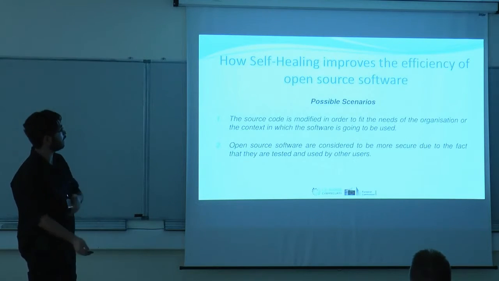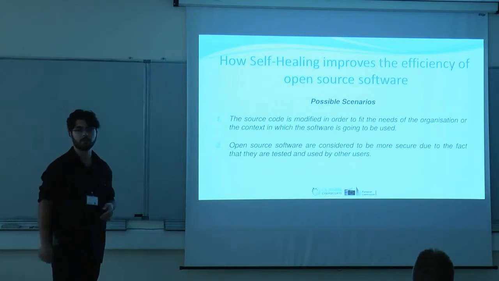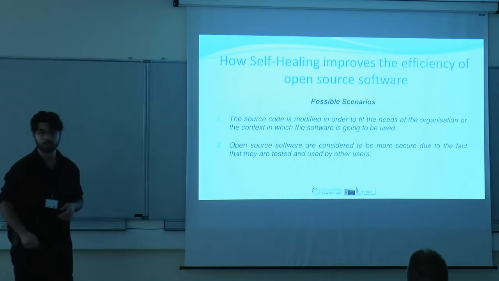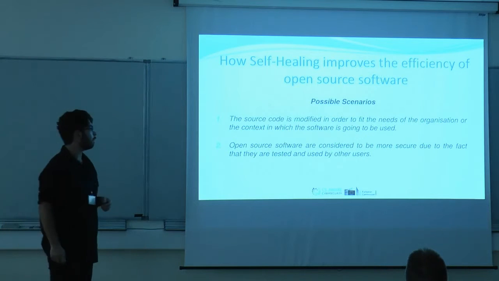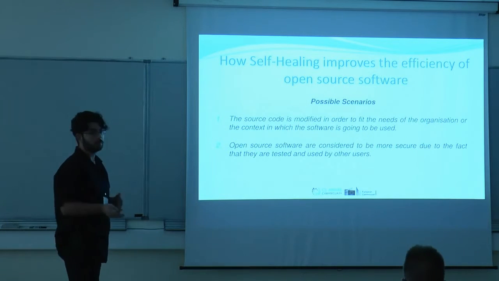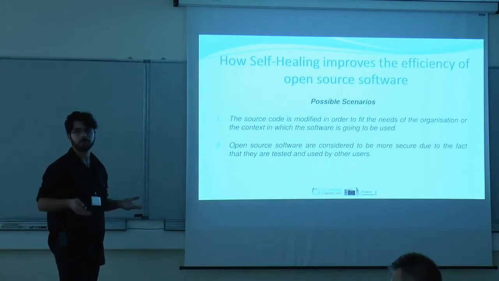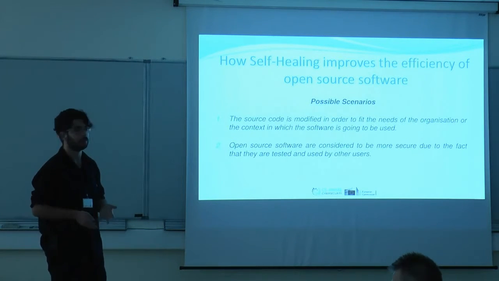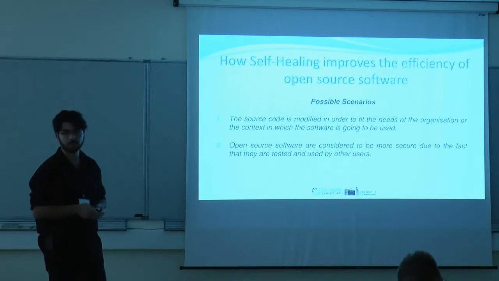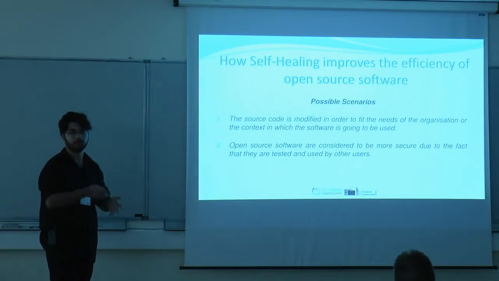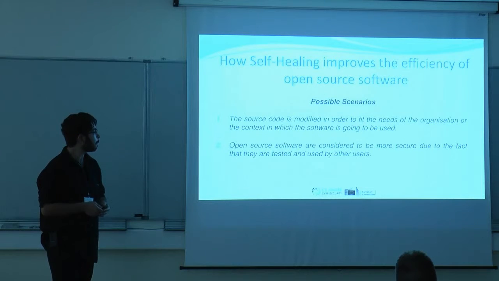Now, how does self-healing improve the efficiency of open source software? Two examples with two possible scenarios. When we have this open source software, sometimes we need to modify it in order to use it within the context that it's going to be used, or just so we'll be able to use it with other software.